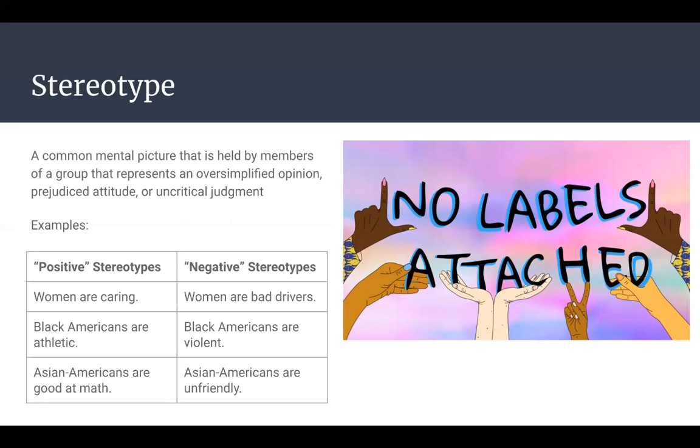Imagine if there is an Asian American in your class that everyone expected to be good at math, but that student really struggled with math. If they don't live up to that expectation or that stereotype, that might cause them to get made fun of or to feel bad about themselves. So positive stereotypes are equally as bad as negative stereotypes.